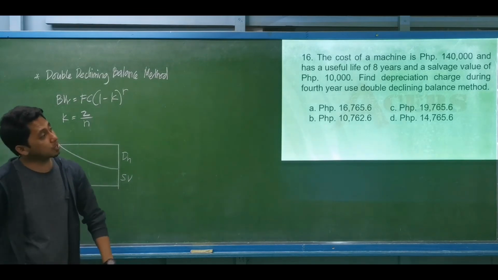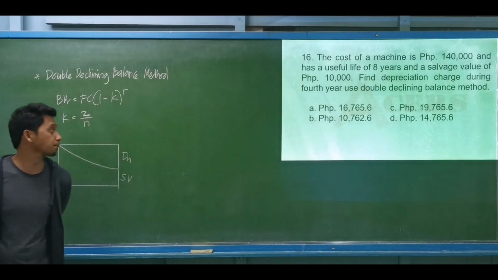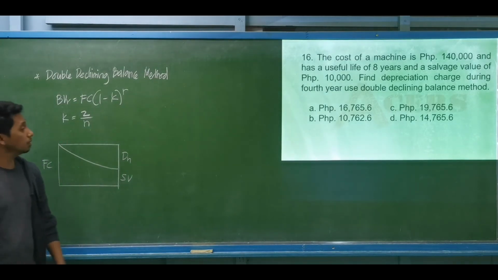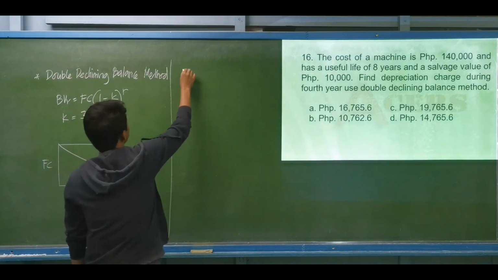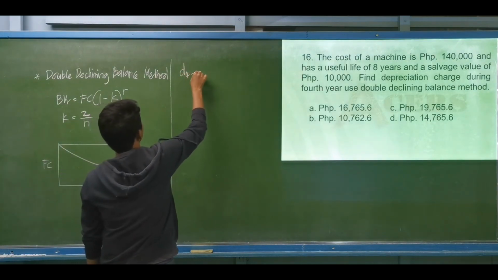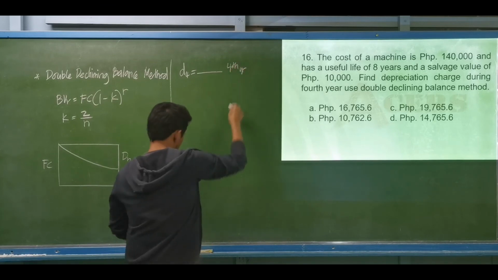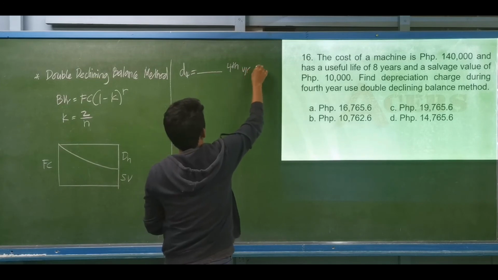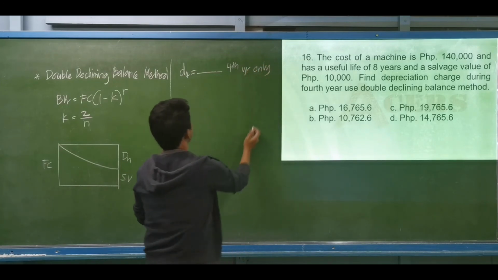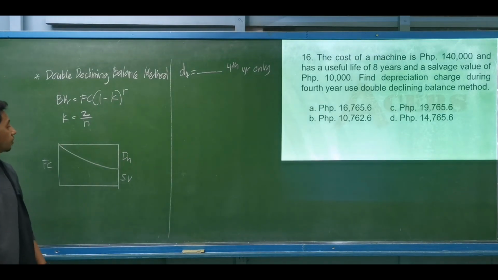Find the depreciation charge during the 4th year, using double declining balance method. So we are looking for the depreciation charge on the 4th year, that is D sub 4, which means on the 4th year only. It is not the accumulated D sub 4, but it's on the 4th year only.